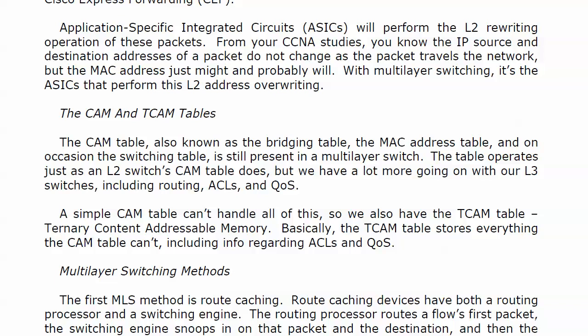Well, a simple CAM table isn't going to be able to handle that. So we also have something called the TCAM table, ternary content addressable memory. Basically, the TCAM table stores everything the CAM table can't, including information regarding your ACLs and quality of service.